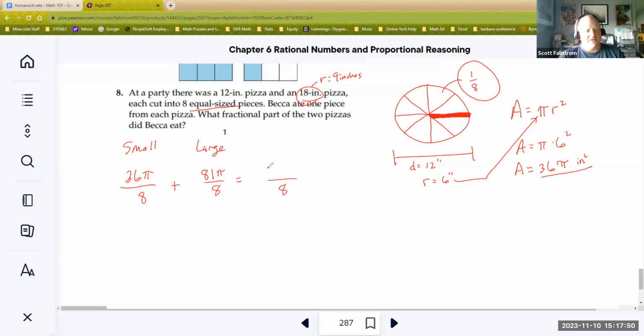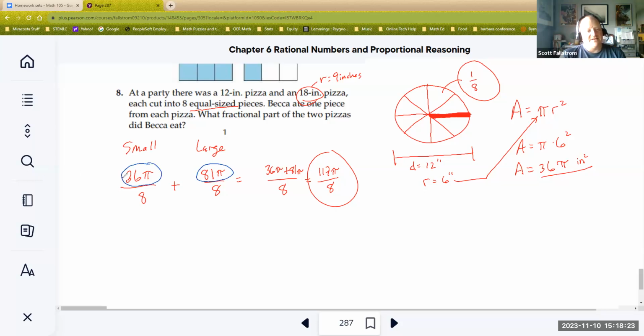What we end up with is 36 pi plus 81 pi, and those are like objects, so we can add them together. So we get 117 pi over 8. So that's the fractional amount that she ate.